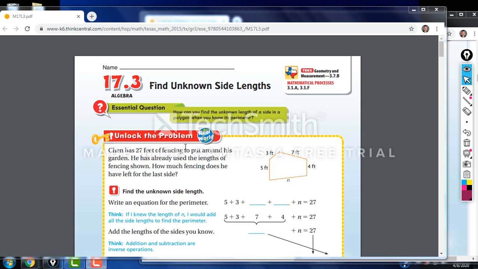We're going to look at 17.3. Very easy lesson here, so we're going to run a little bit quicker through this. I want to give you an opportunity.